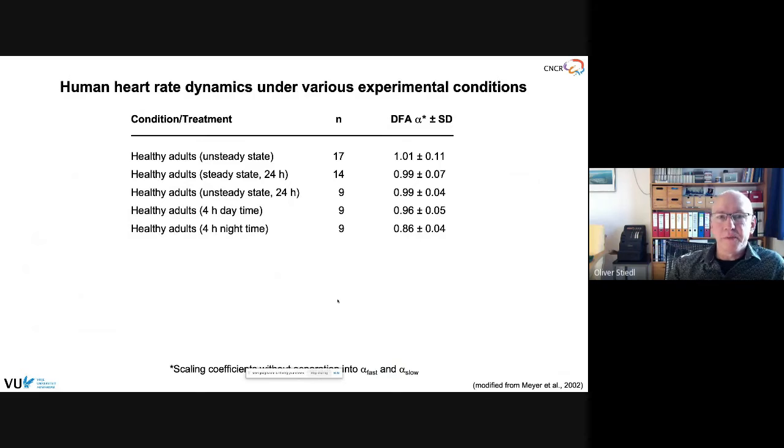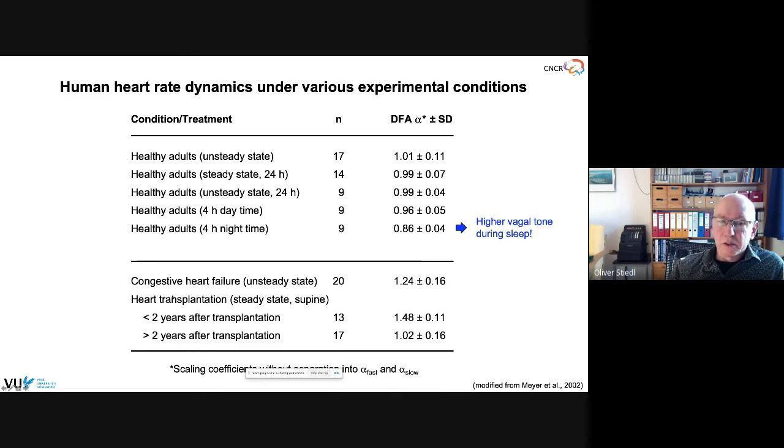So now to move on, we have tested adults under different conditions because we wanted to know more details, and we can say that it is clear that adults in different conditions have roughly one. It's only at nighttime when there is a vagal overactivation that this sinks down to some extent. We know also now that people with congestive heart failure have a shift in the direction of more Brownian-like noise.